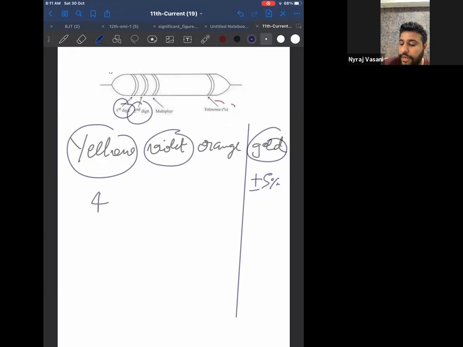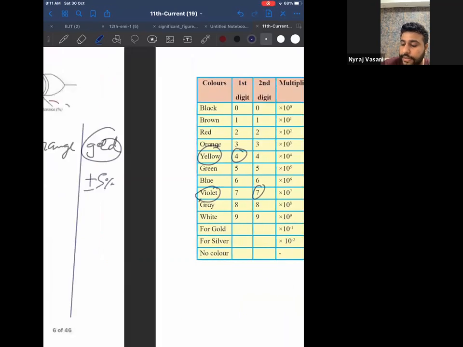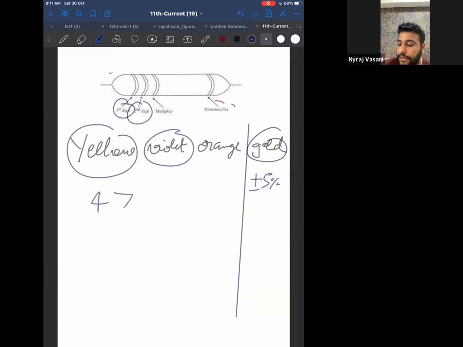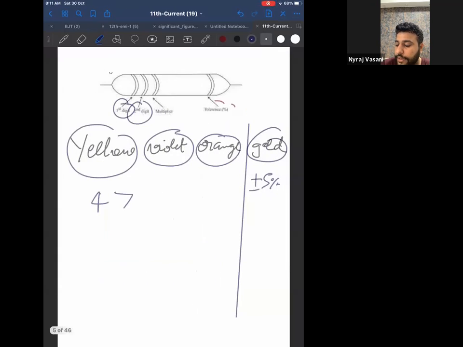Second digit is violet. Violet second digit is 7. Therefore, this is 7. Multiplier is orange. Orange multiplier is into 10 power 3. Therefore, the answer is 47 into 10 power 3 ohm with a tolerance of plus or minus 5%.